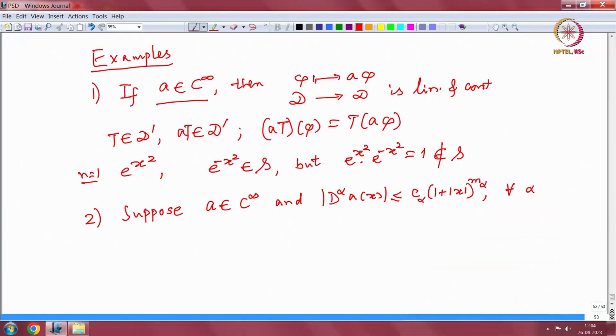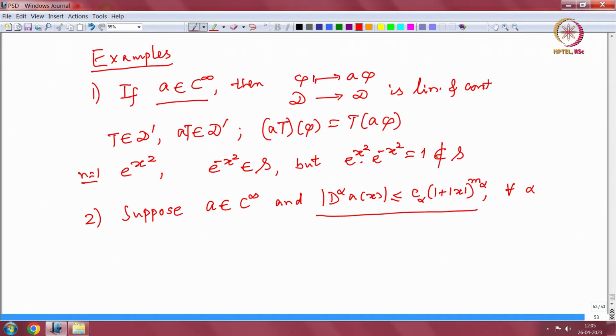So you are allowing only a polynomial growth of the derivatives of A. So you can easily check that e to the x square does not satisfy that, because whenever you differentiate, you always get that factor e to the x square. So you cannot bound it by a polynomial. So this condition says that you are allowing only polynomial growth for the derivatives.